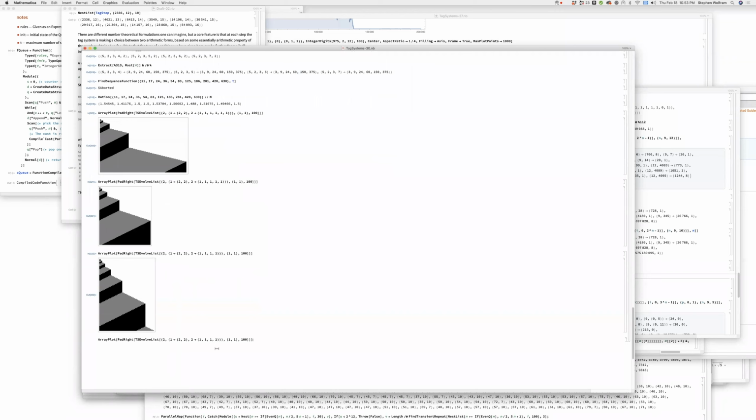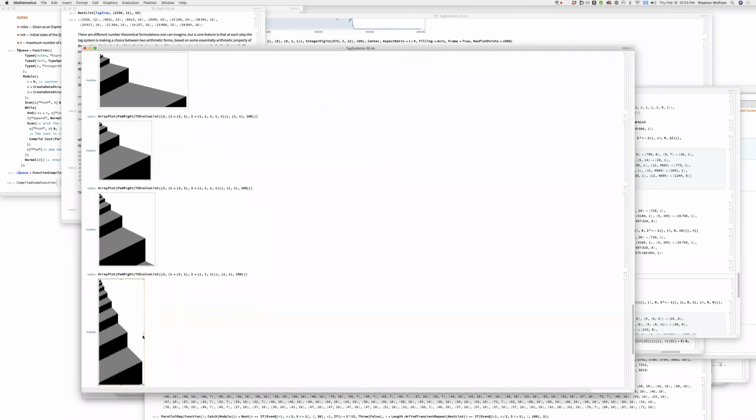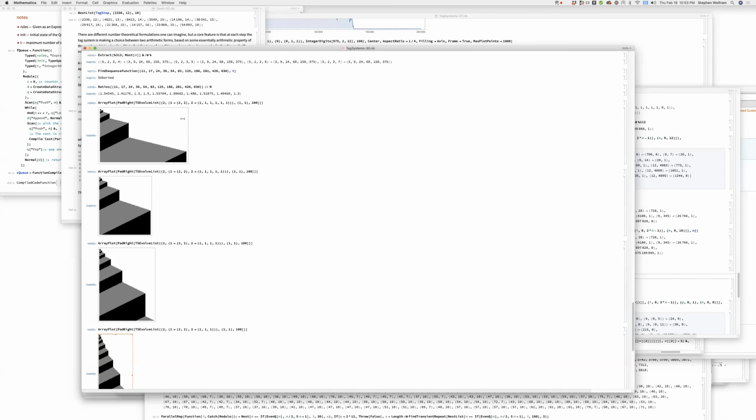And 3 gives us the ceiling of powers of 3/2, right? So most likely, if this is the ceiling of powers of 3/2, this is powers of 2. I wonder if this is the ceiling of powers of 5/2. I bet you're right. I'm not so sure I'm right.